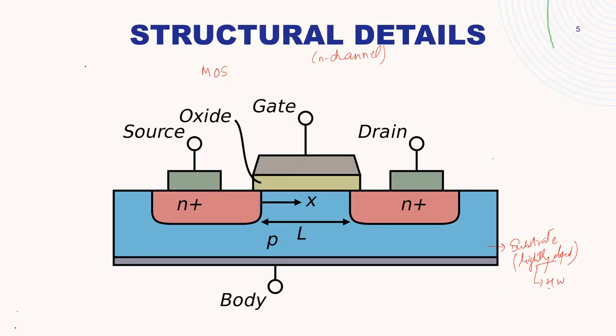I know the answer, but I don't want to give it because I want you to do that homework. Just go and fetch in your books why the substrate is lightly doped. Ma'am, if it is heavily doped, then there is a chance of formation of NPN transistors. Good. One way of understanding is that there is a chance of forming a transistor here itself, which he has told an NPN transistor.